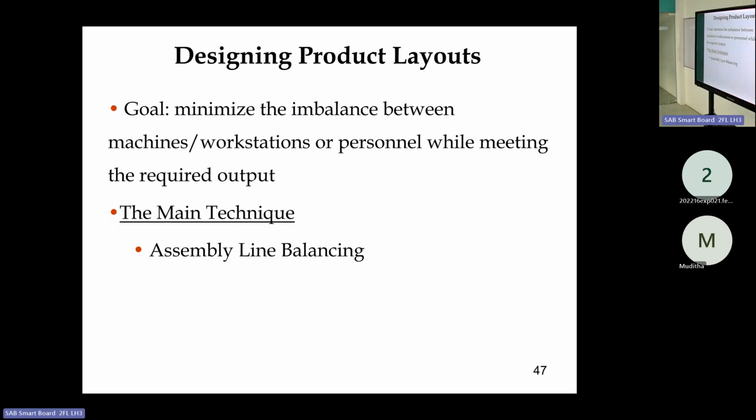The main objective, as you can see here, is to minimize the time imbalance between machines, workstations or workers while meeting the required output. You may not understand it now, but read it again. Minimize the imbalance. Or else we call it equalize the time required of each workstation.